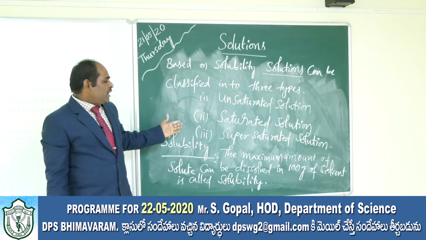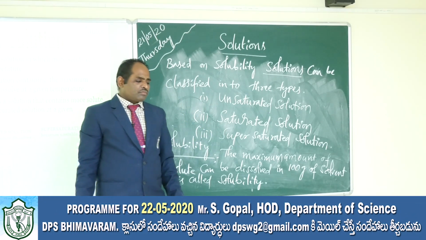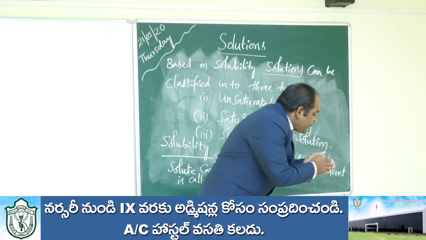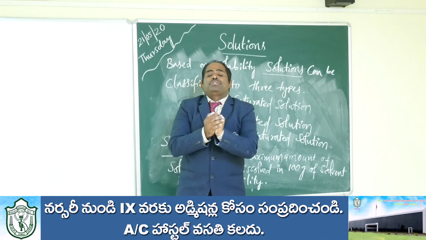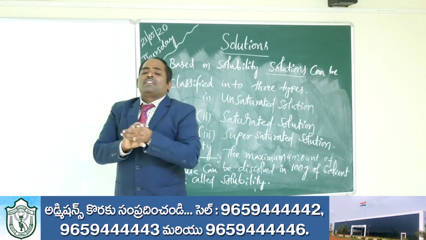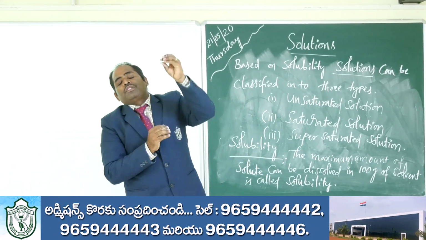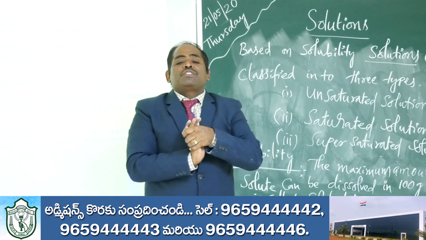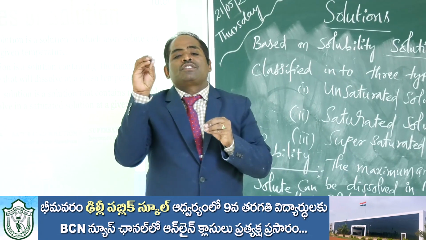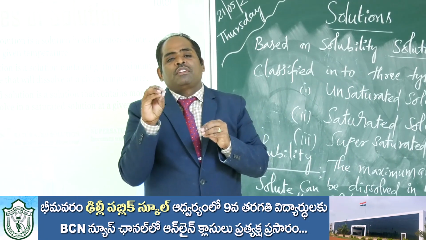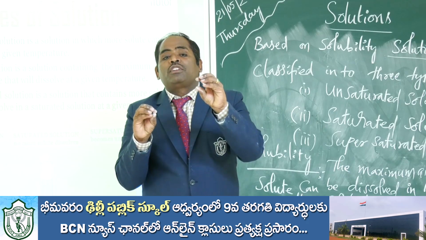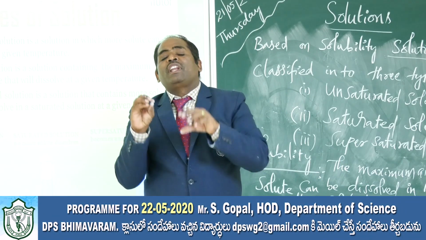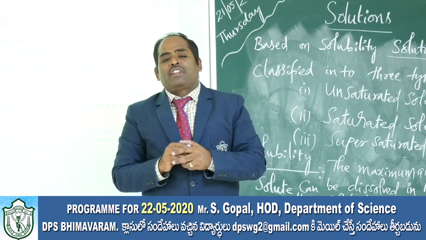See children, unsaturated solution means the solute is added in the solvent, and then it becomes a solution. I told you the maximum amount of solute which can dissolve in 100 grams of solvent is called solubility.